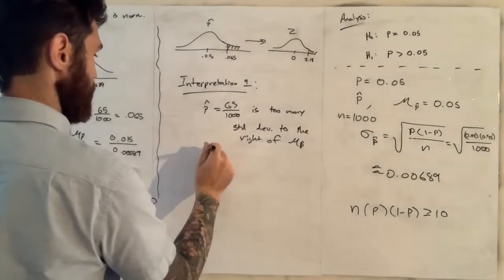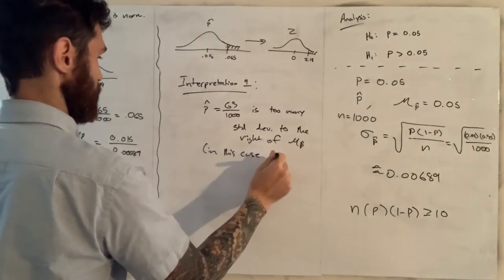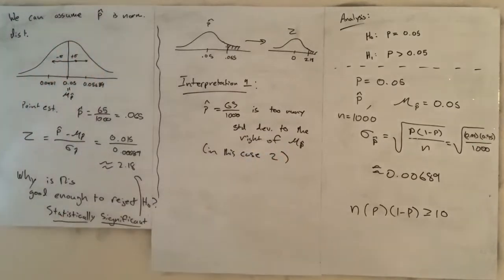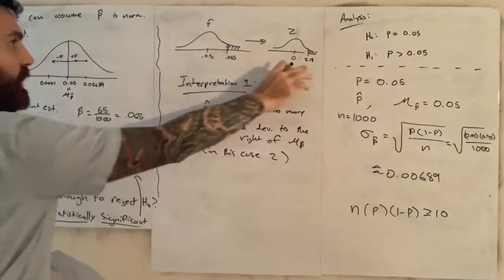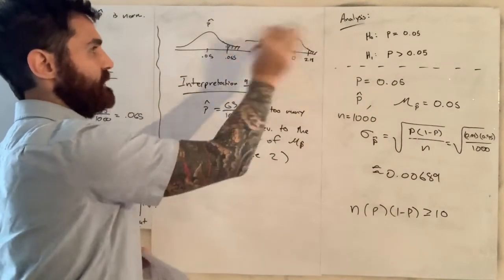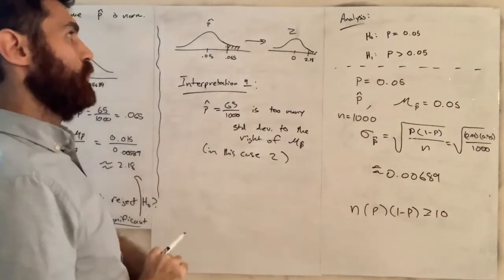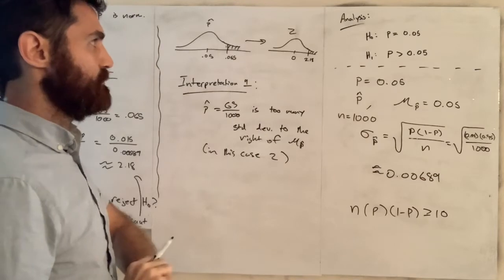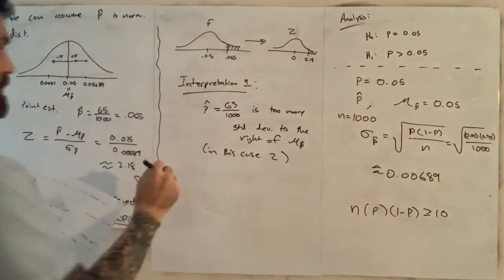And in this case, that's going to be 2 standard deviations away. All right? And that's exactly what it's telling you here, that you're 2.18 standard deviations away from this mean. And so you can say, well, that actually seems pretty significant, and that's why we call it statistically significant.